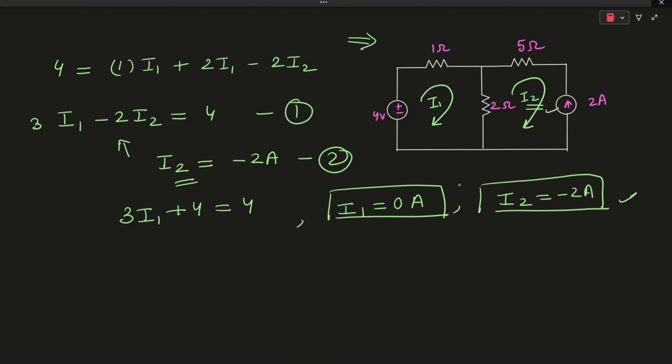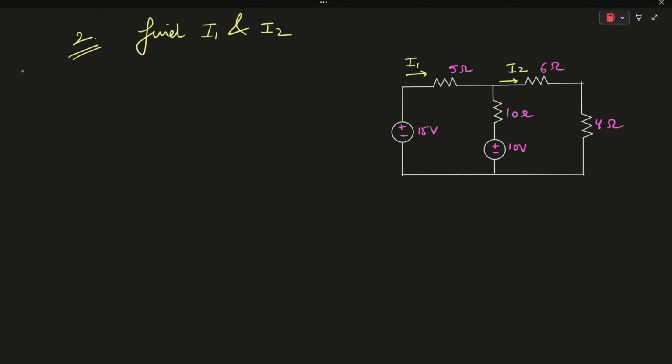Now let's solve one more problem to understand mesh analysis deeply. Let's use mesh analysis in this particular network. As you can see, this will be your first mesh, and the current flowing in this mesh is I1. Similarly, the current flowing in this mesh will be I2.